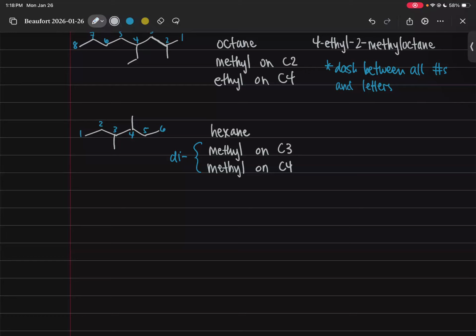So this is redundant because we have to include both of the locants, 3 and 4, and that implies that we have 2, but again, them's the rules. So the way we do this is 3 comma 4 with no space in between, dash, dimethyl hexane.